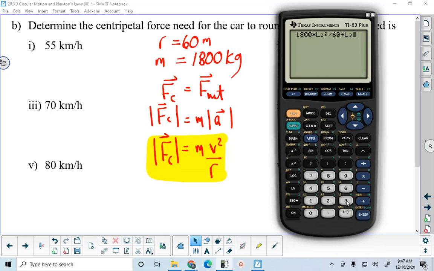So that's mv squared over r stored in list 3. By the way, you can see what they are by scrolling around on your home screen, but if you go stat edit, you can see them. Is everybody getting the same set of numbers? Okay, so I'm not going to write these down. At 55 kilometers per hour, you need 7,002 newtons. These are the forces.